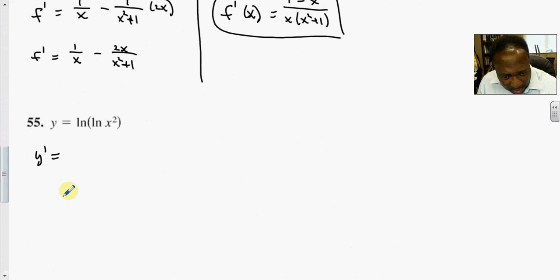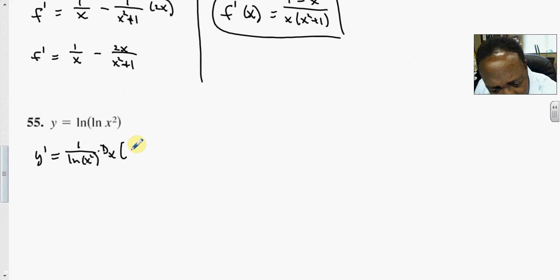So the y prime here becomes the derivative of the natural log is 1 over the term times the derivative of the term. So this is going to be 1 over the term here, the natural log of x squared, then times the derivative of the natural log of x squared.